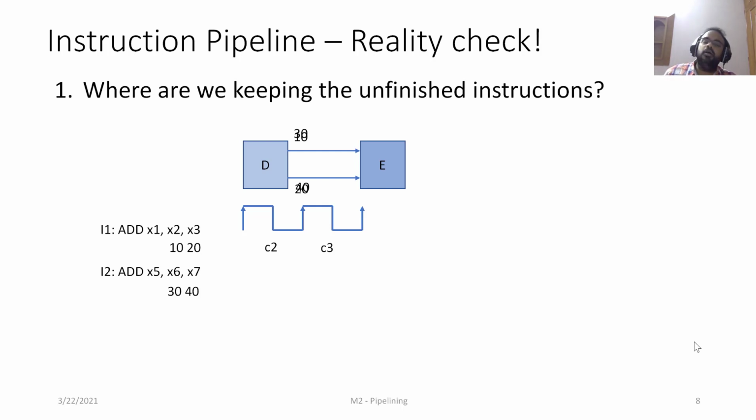So the output of execute stage by the end of cycle 3 is kind of indeterminate. This is what would happen if we are not able to carefully handle the data transfer from one stage to another stage. Now let's see how we can handle it.